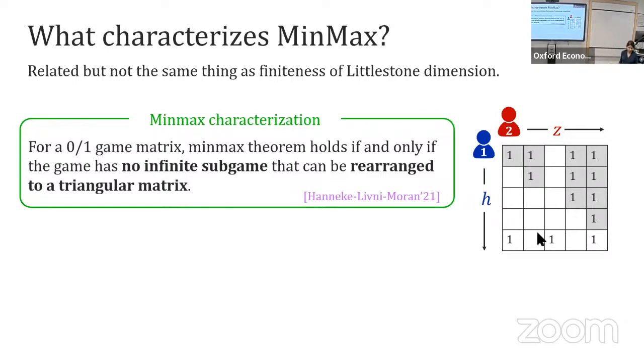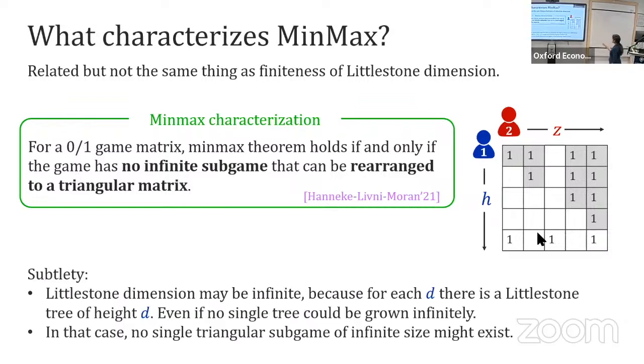If it's finite, you will have min-max. And this looks like Littlestone dimension with one subtlety, which I only put here for those of you who are super interested in this. We're not going to go into it. The subtlety is that Littlestone dimension might be large because you can come up with different bigger and bigger trees. This subgame thing is only large if you can grow the same tree a lot.